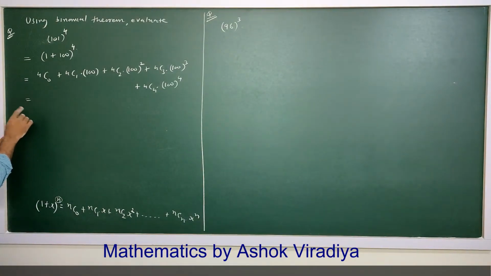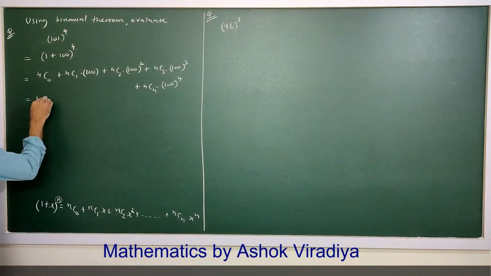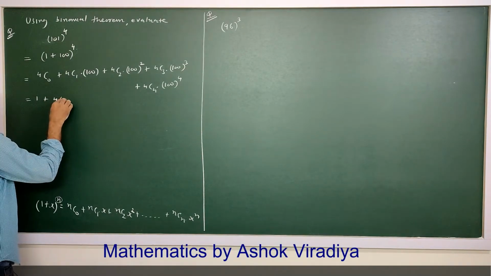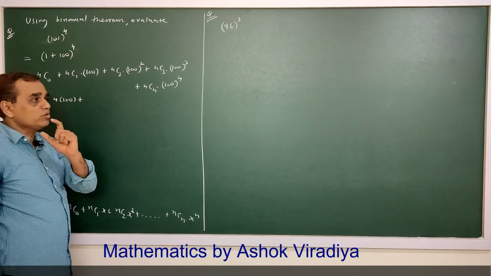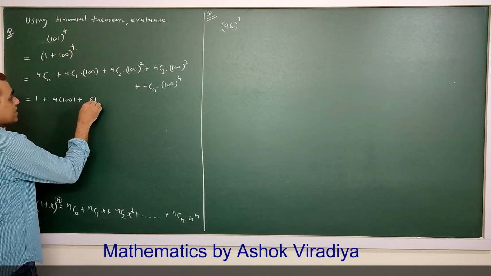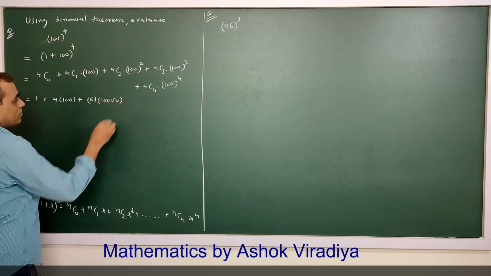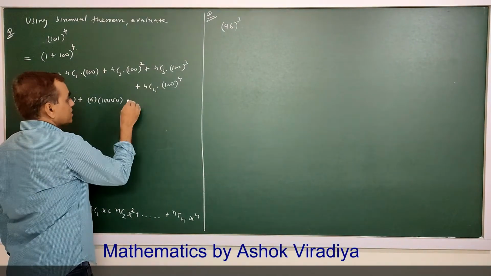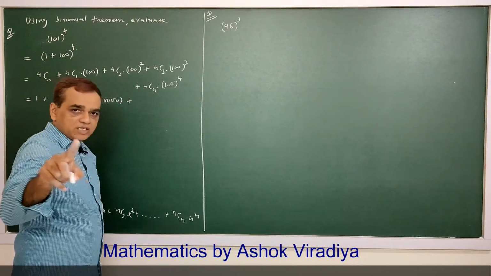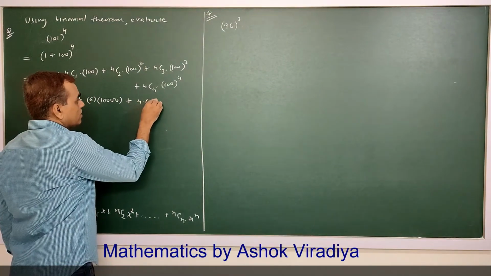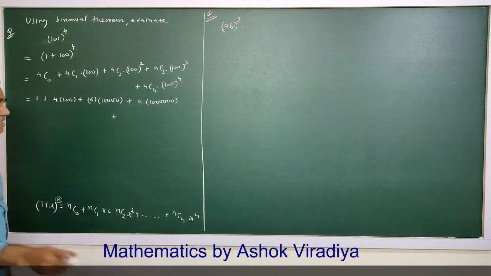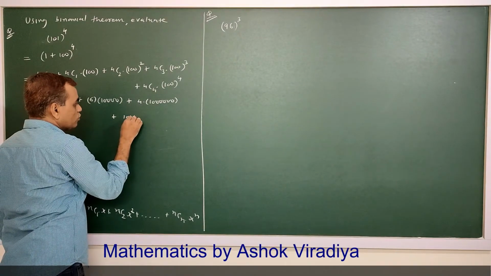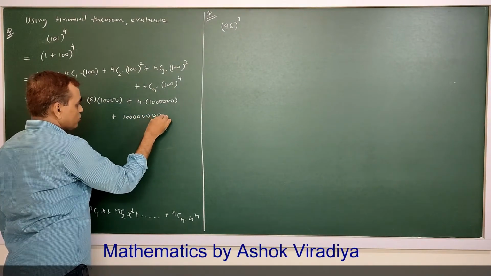So it is equal to 4C0, which is 1, since nC0 is always 1, plus 4C1, which is 4, into 100, plus 4C2, which is 4 into 3 upon 2 into 1, 12 by 2, that is 6, into 10,000, plus 4C3, which is same as 4C1, that is 4, into 1 and 6 zeros, plus 4C4, which is 1, into 100 raised to 4, so 8 zeros.